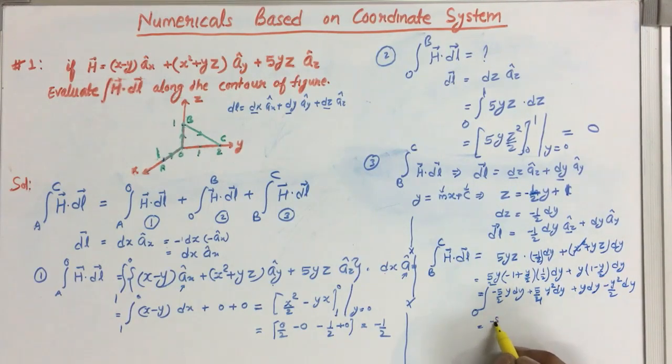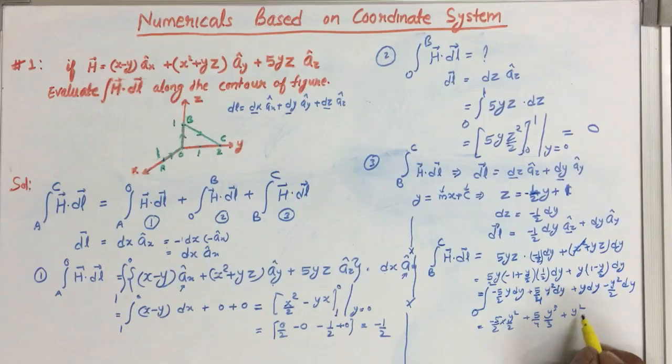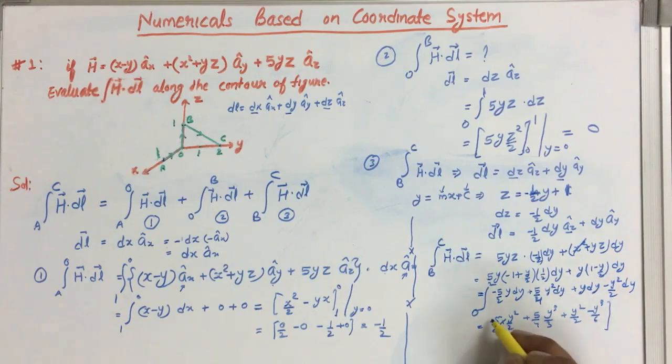Do it: minus 5 by 2 y square by 2 plus 5 by 4 y cube by 3 plus y square by 2 minus y cube by 6, changes from 0 to 2.